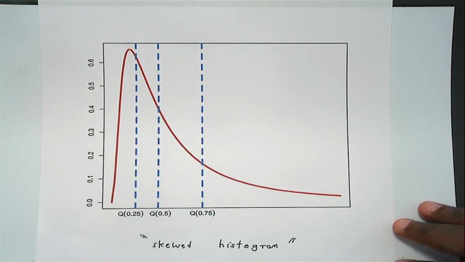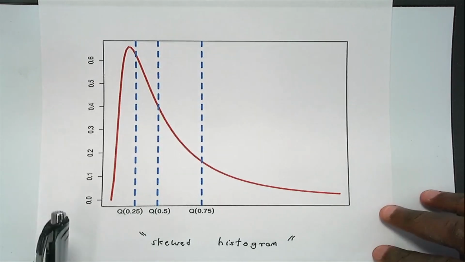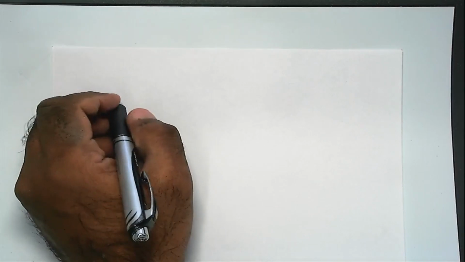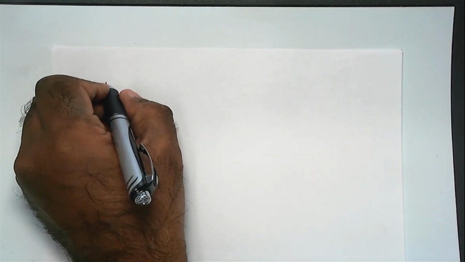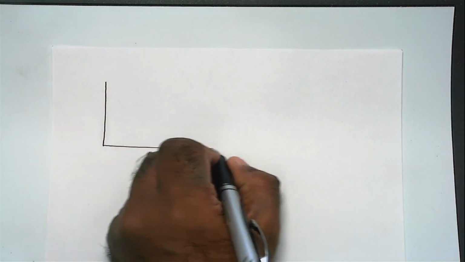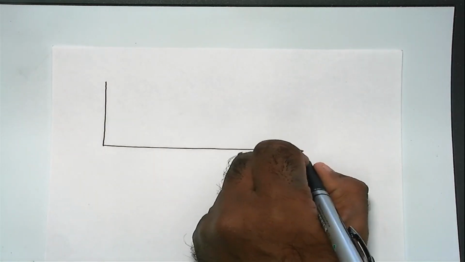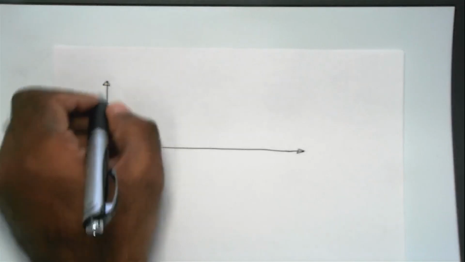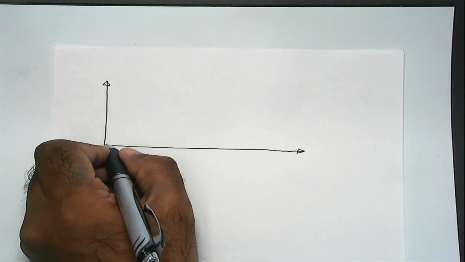Just to give you a picture, there are two kinds of skewness possible. I'm not very good at drawing pictures, but I'll try my best. Suppose this is the data and this is your histogram, and suppose you have a histogram looking like this.